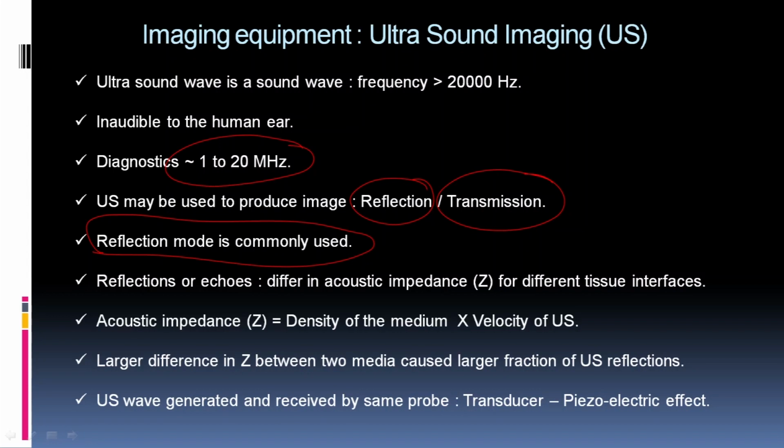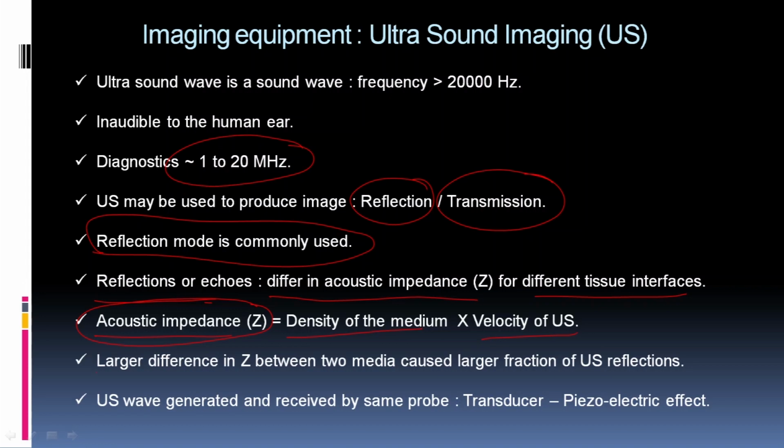Transmission mode is very rarely used, because ultrasound penetration is very low. These reflections or echoes are created because there is a difference of acoustic impedance at different tissue interfaces. Now, what is acoustic impedance? Acoustic impedance is the density of the medium multiplied by the velocity of the ultrasound. So, this is the acoustic impedance Z, and this Z is different for different tissues.